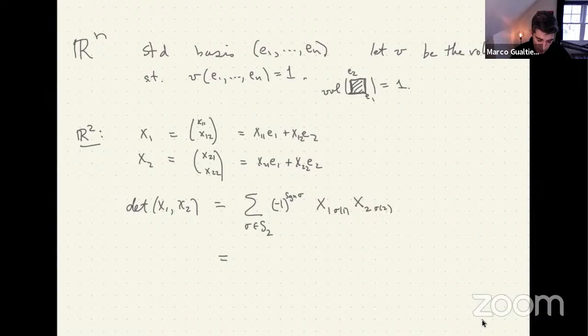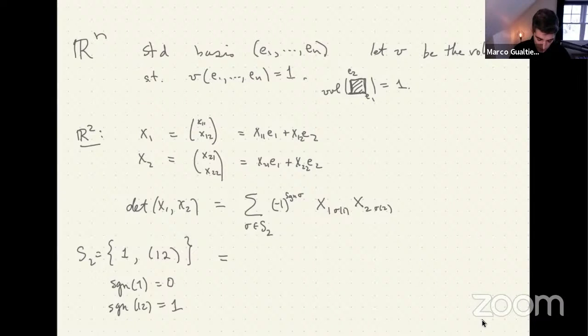S2 consists of two elements: the identity element of the group, and then the transposition (1 2), which switches 1 and 2. Okay, and the sign of the identity is equal to 0, and the sign of (1 2) is equal to 1. It's basically counting the number of transpositions needed to write the element.